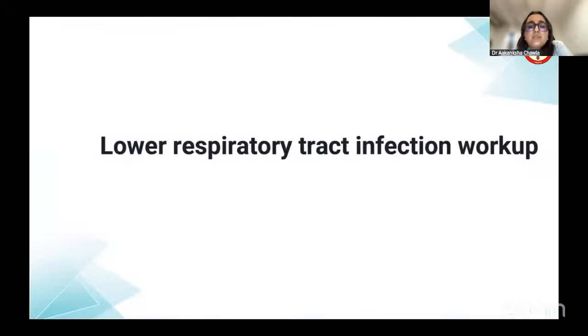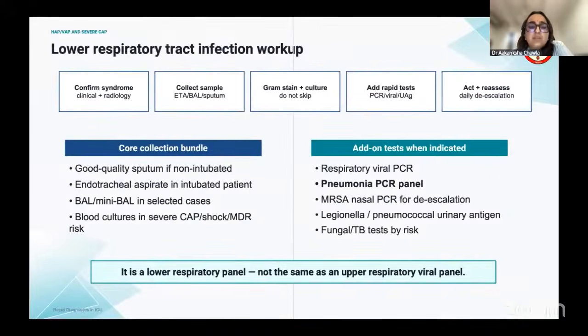Now, the lower respiratory tract infection panel. So, you must confirm the syndrome, clinical and radiology. This is always essential. Collect the sample, whether it is your sputum, endotracheal aspirates, BAL. Always do a gram stain and culture. Do not skip this. And then, of course, appropriately add the PCR panel. And then act and reassess.